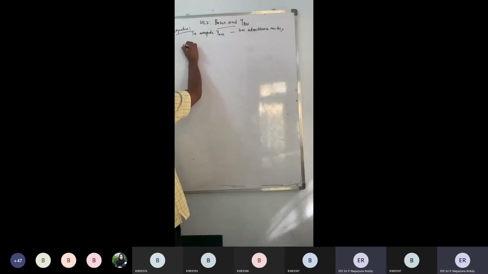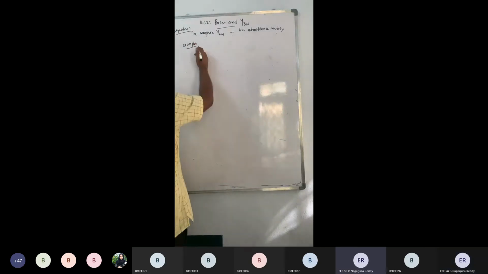First of all, let us take an example. I am taking a small example. First of all, let us derive the components of a Y bus matrix. What actually is a Y bus matrix? Now, I am taking a 3-bus system.